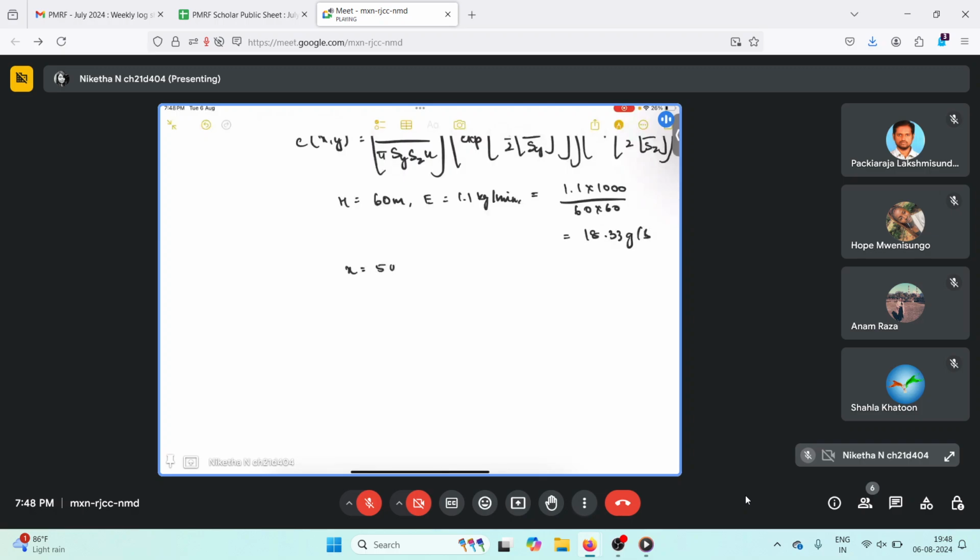And given that your distance is 500 meters, so x is going to be 500, which is equal to 0.5 kilometers. Y is 0. So concentration at 0.5 comma 0 is going to be 18.33 by pi into 35 into 19 into 5.